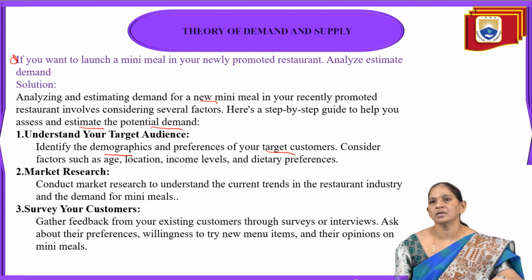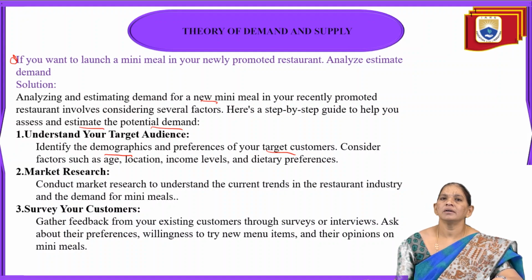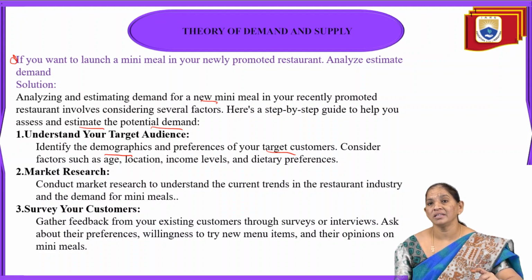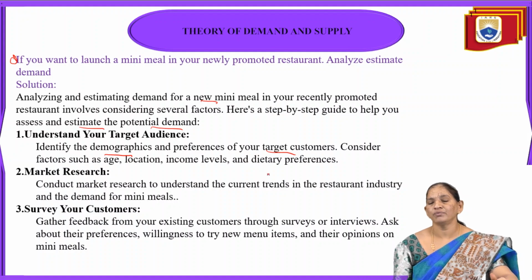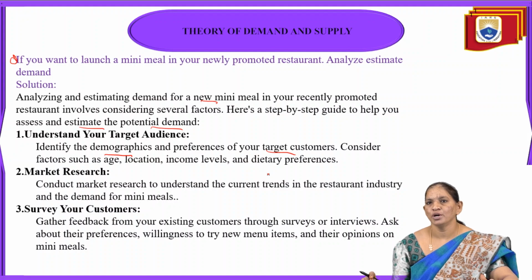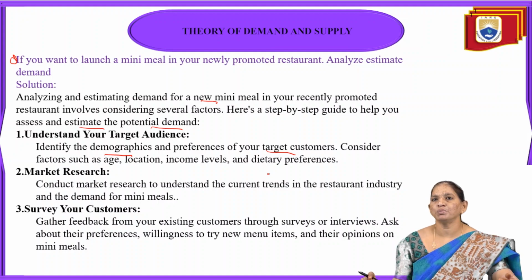We should consider consumer taste and preferences, and also where the restaurant is located and what kind of people are coming, their age and income level, based upon prices, their taste and preferences. We may provide different types of food items for aged people, children or youth.